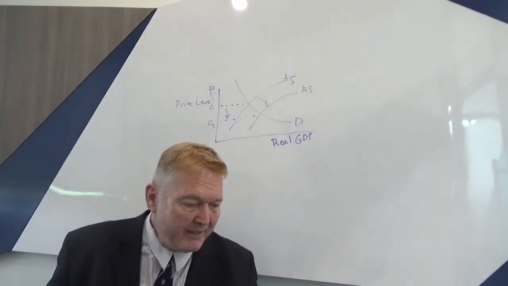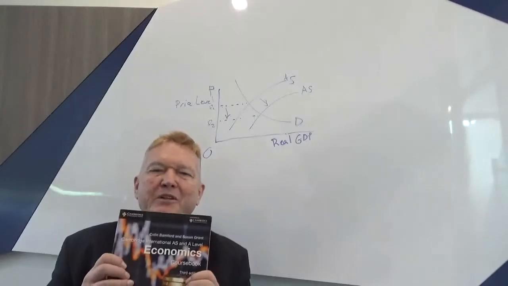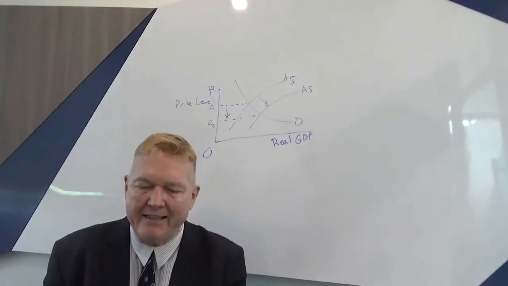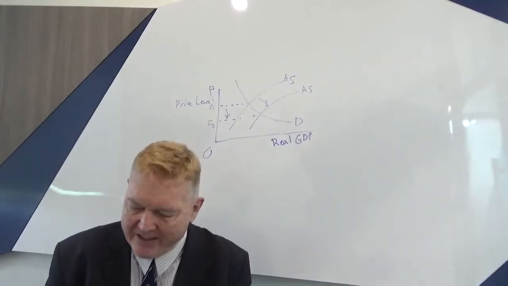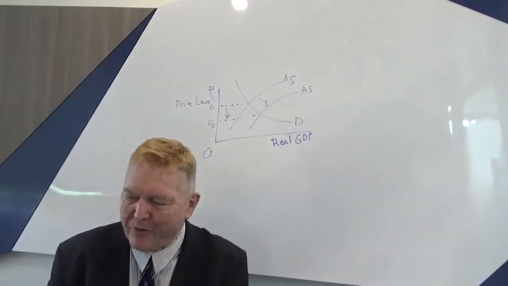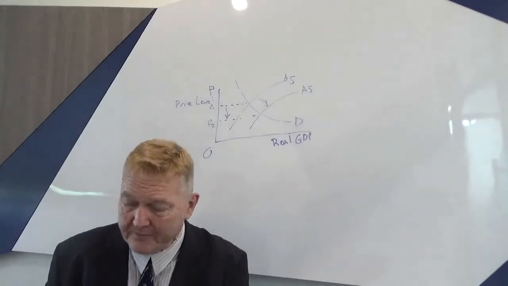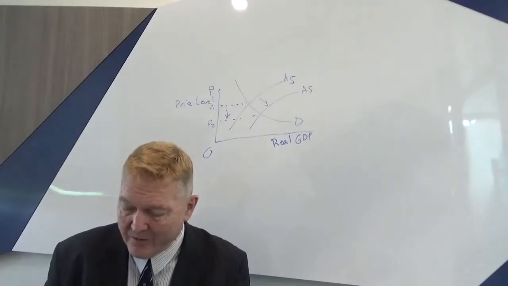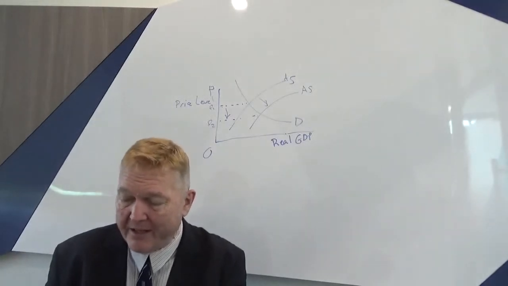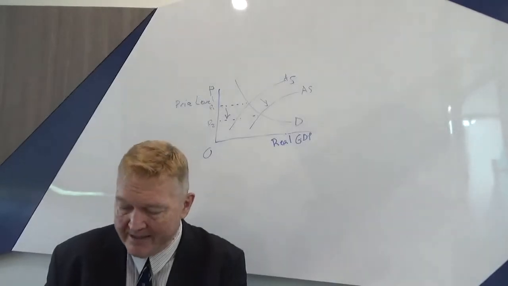So I was just looking through the textbook. You should have the textbook in front of you, and you should basically be looking over everything that chapter 4 has to offer. It's a long chapter where you're dealing with a fair amount of graphs, particularly the aggregate supply and aggregate demand graphs.